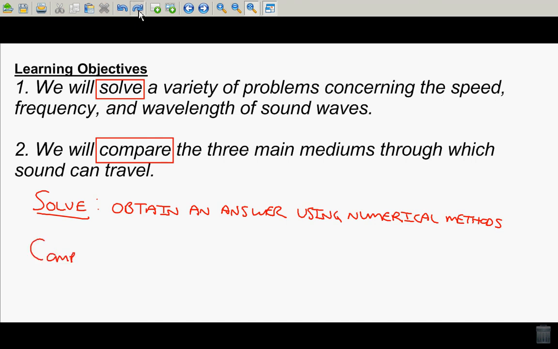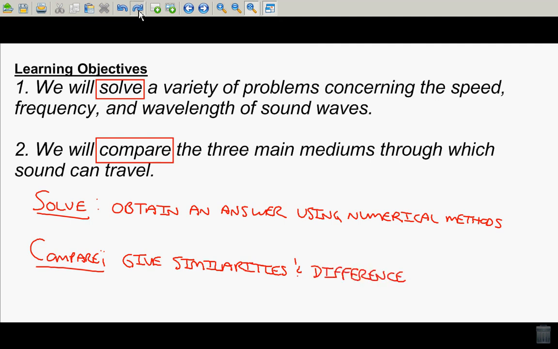So comparison would look like this, giving some examples and explanations as to the similarities and differences between two or more items. And our two or more items are going to be solids, liquids, and gases. And the best way to think of those is air, water, and something like steel, for instance.